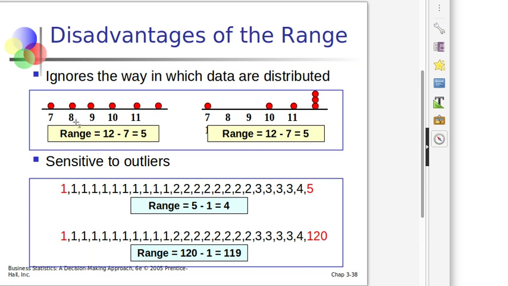For example, here in this sample data set 7, 8, 9, 10, 11, actually there should be 12 here. Number 12 is missing, so the range is 12 minus 7. The highest is 12, which is missing here, sorry. Minus 7, the range is 5.